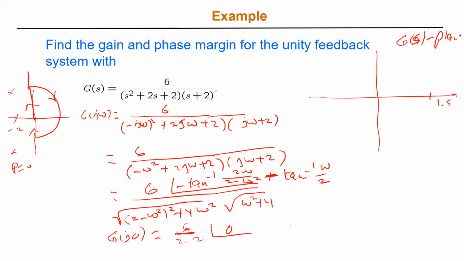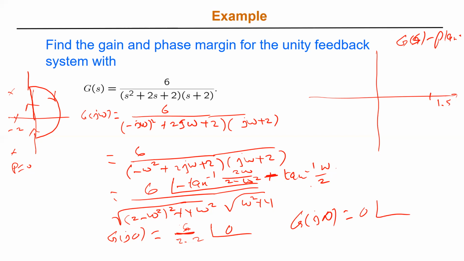Now let me take the other extreme, J infinity. At J infinity, what's the magnitude? 0. Angle? This will give you minus pi over 2.